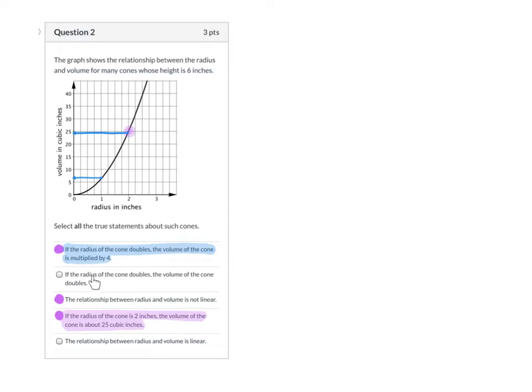If you don't remember these facts from class, then you could look at an example in the graph. What I did here was I found a radius, and then I found a radius that was double that. And I'm going to use those to compare the volumes.